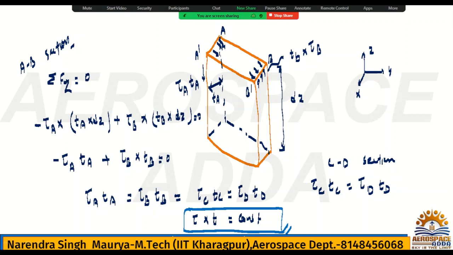If you deal with any cell or any closed contour, you will have this product of shear stress and thickness, and for that section this product will be constant.